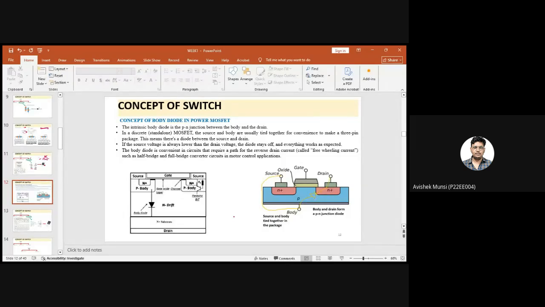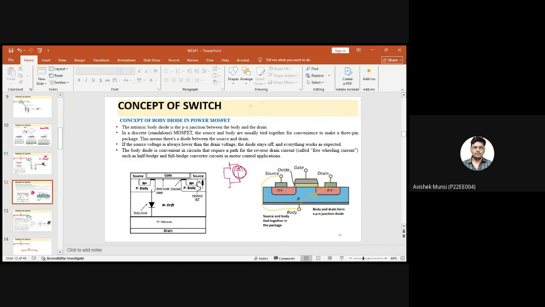Another beautiful concept of power MOSFET is that in the power MOSFET, there is an inbuilt body diode. We assume it that way. Suppose this is our MOSFET, and there is a body diode. So that's why basically MOSFETs are bidirectional switches.